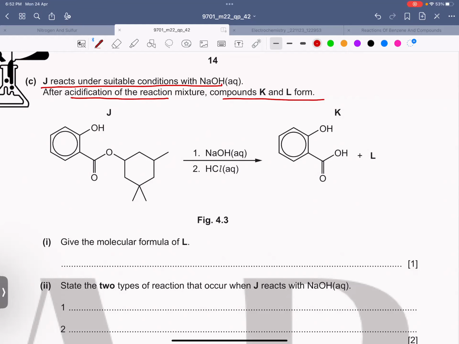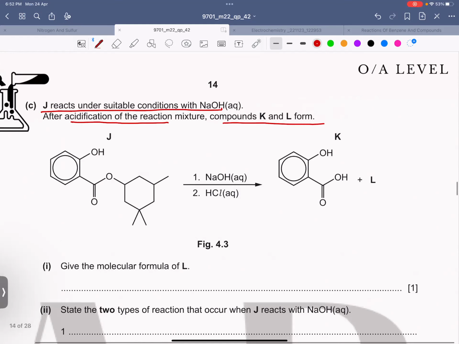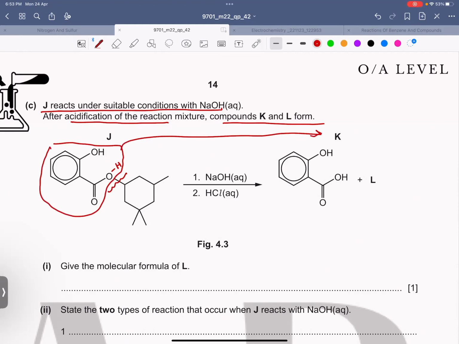Very good, Rida. So we can easily figure it out if you see over here that this is broken down from here, and here we got an H, and this whole thing they are calling K. Okay, one minute, sorry.